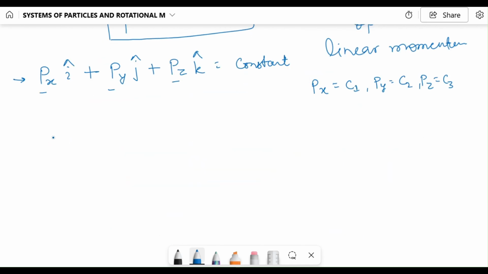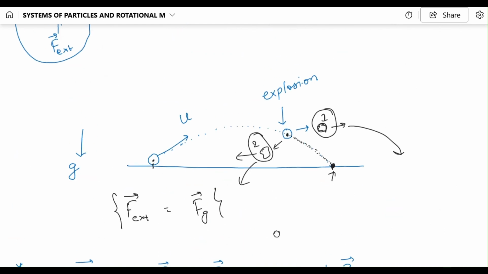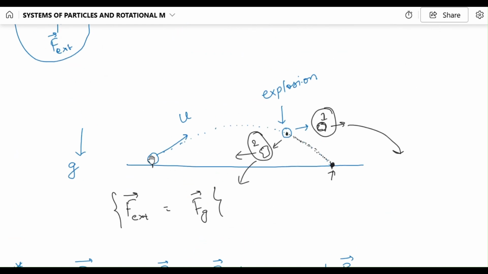Now we can continue the discussion we left earlier. In this particular case, when this projectile moves, it is following this path. Up to here, it is okay. You can easily say this entire system is going to follow this path.